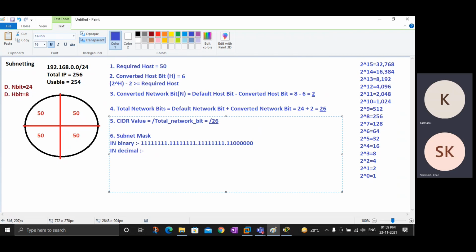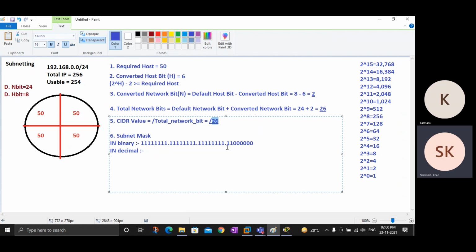Sorry, can you tell me again the one that you converted in binary? Okay. So in case of subnet mask, just see the number in the CIDR value and write 1 that many times.